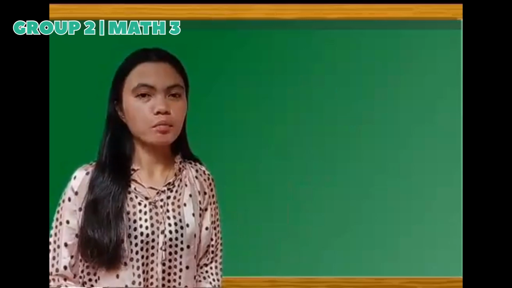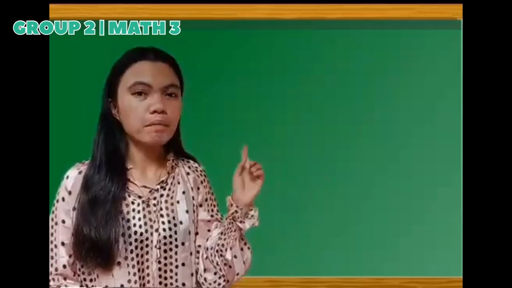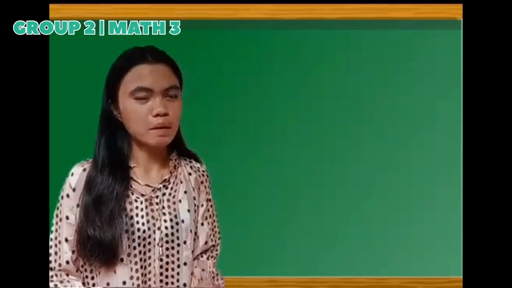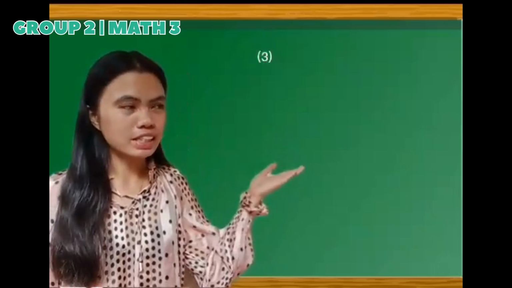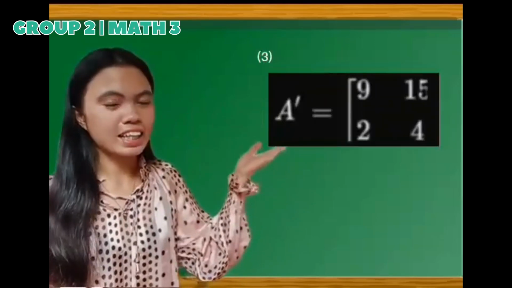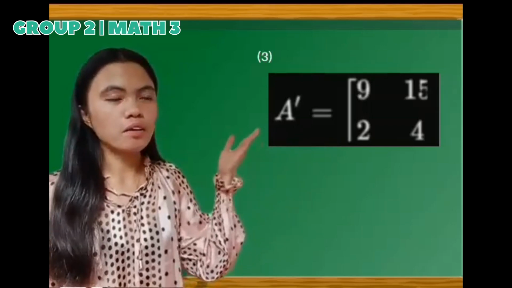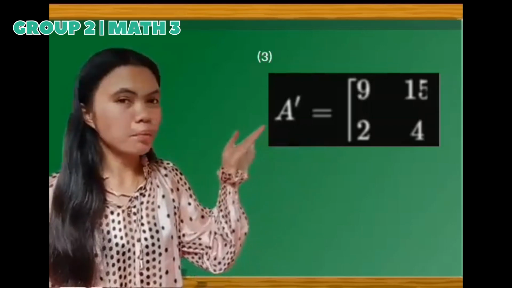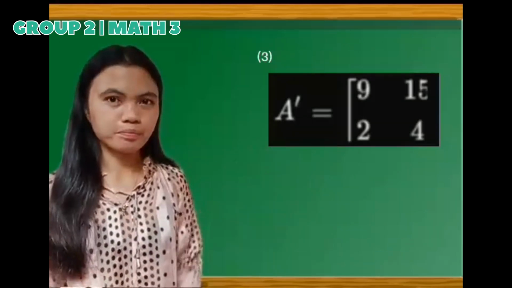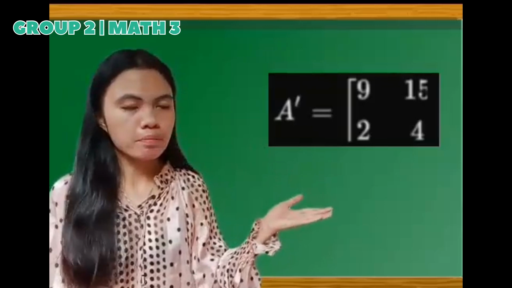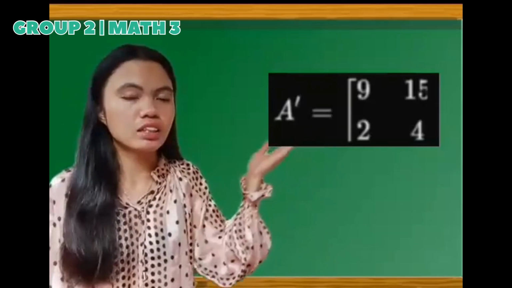To apply the scalar multiple property, the next thing to do is to multiply row 1 by any non-zero constant. So for example, we have 3. So we will multiply row 1 by 3. So 3 times 3 equals 9 and 5 times 3 equals 15. So we now have a new matrix. So A prime equals 9, 15, 2, and 4. To compute the determinant of A prime, we have 9 times 4 minus 15 times 2.